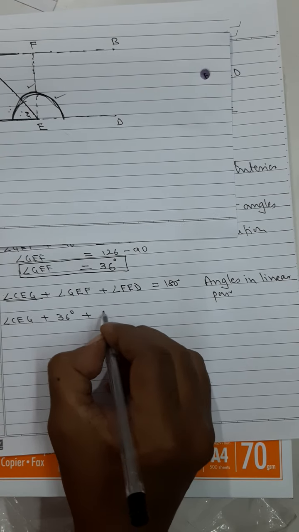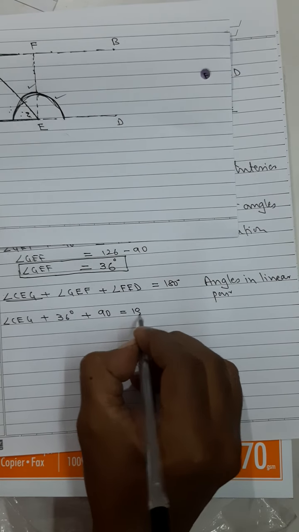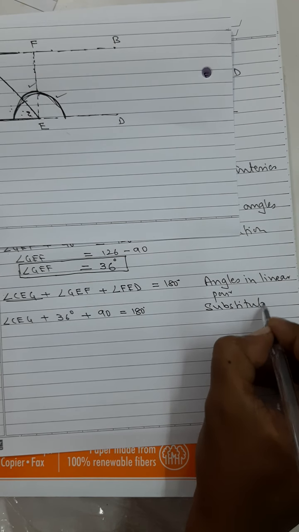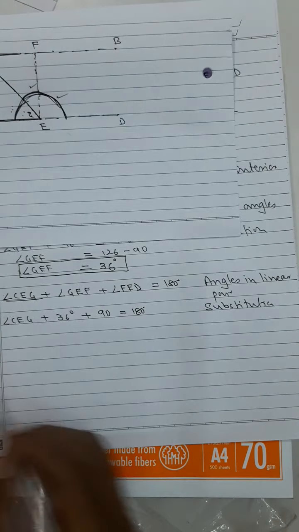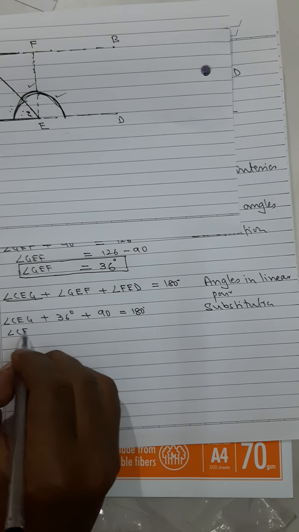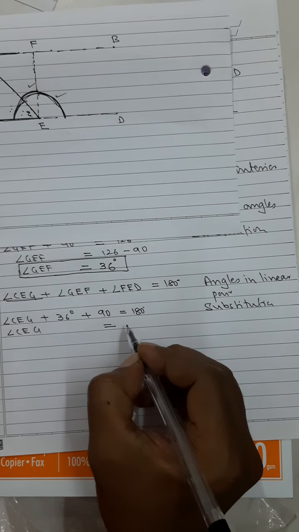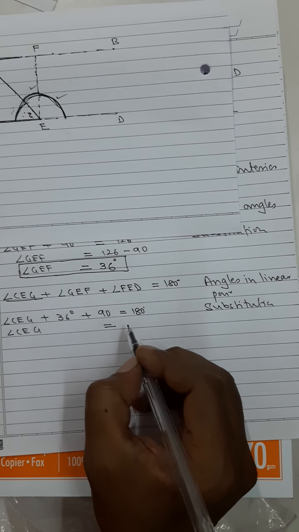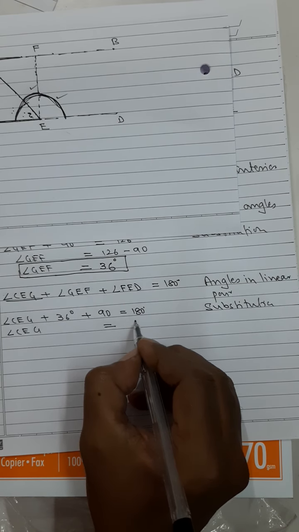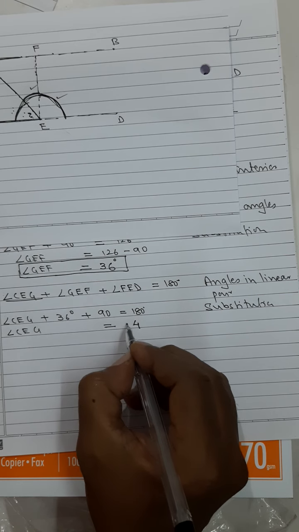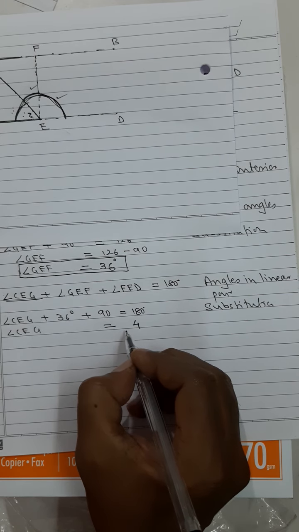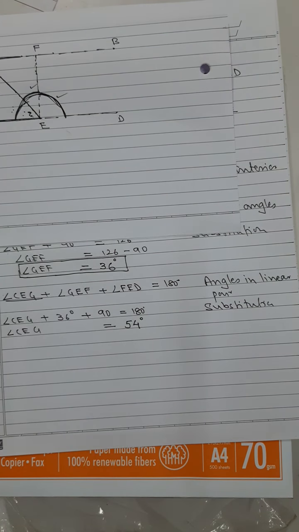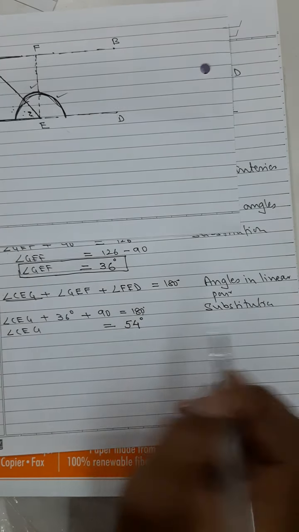Angle FED is equal to 90 degrees, that is known. This is substitution. See, everything is over here.